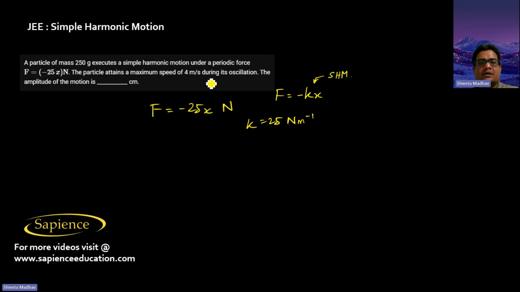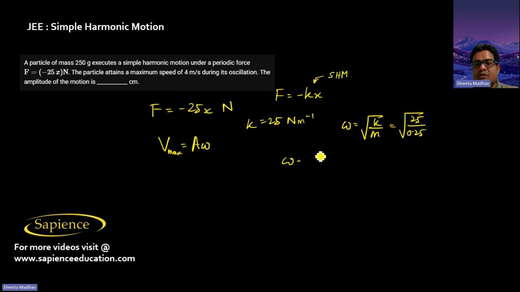And so it will attain a maximum speed. So v max is equal to A omega, and omega we know will be equal to root over k by m. This will be root over 25 by m, that is 250 gram, that is 0.25 kg.